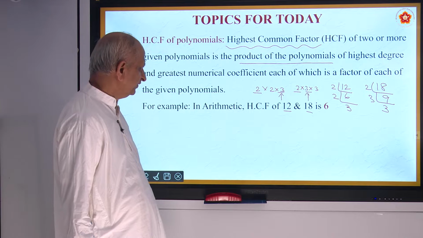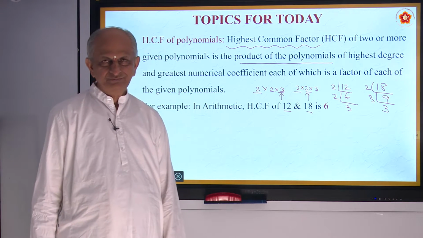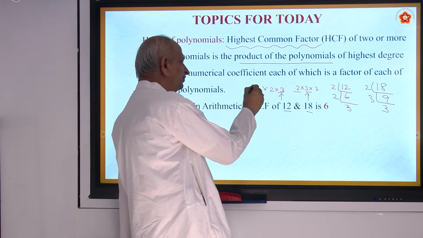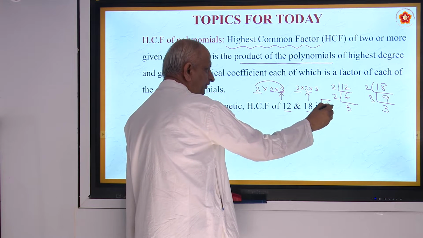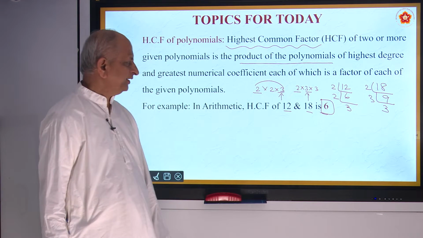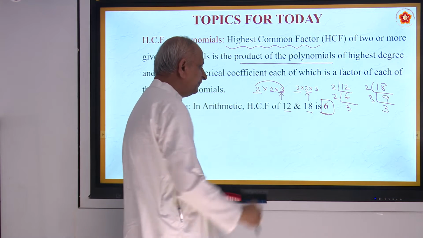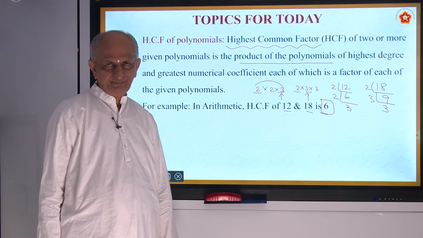Now, the definition says highest common factor. Common factors are 2 and 3. Highest means what? If you multiply 2 and 3, that is highest. So, the HCF of 12 and 18 is 6, because 6 is the highest common factor of the two numbers 12 and 18.